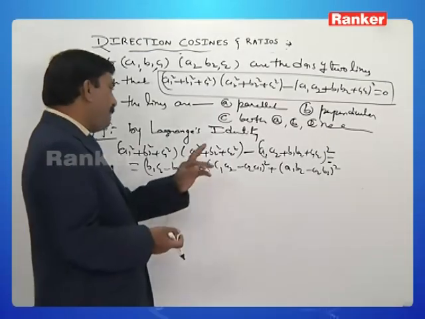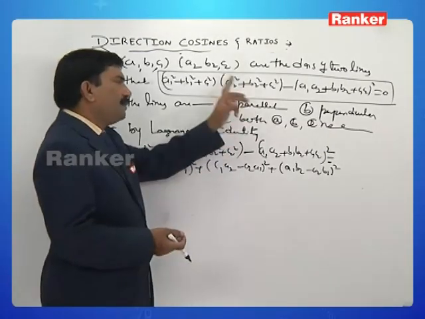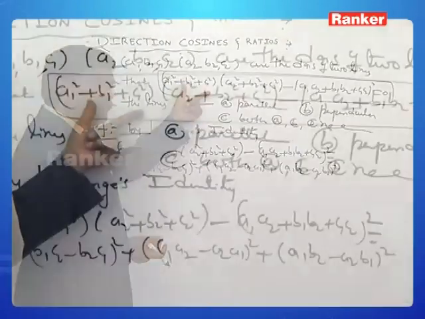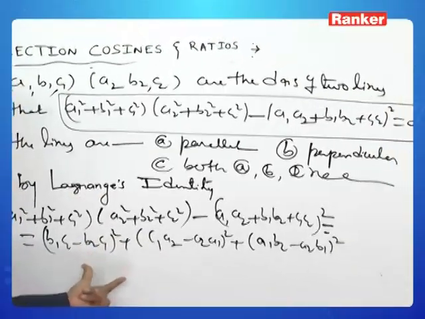Since the LHS is given to be equal to 0, it is quite obvious that according to this given data, the RHS is equal to 0.